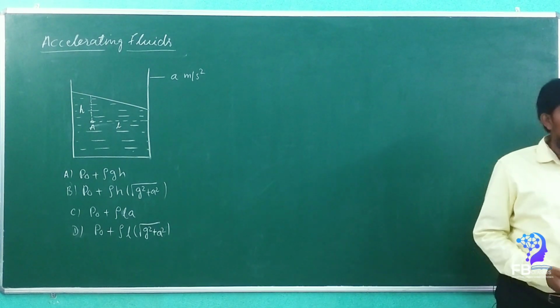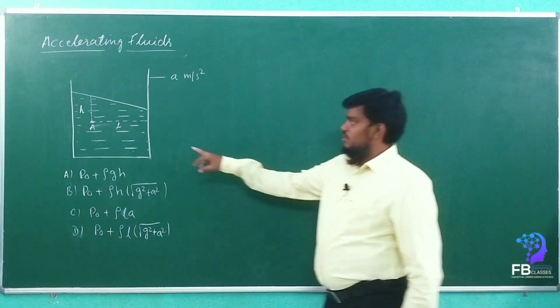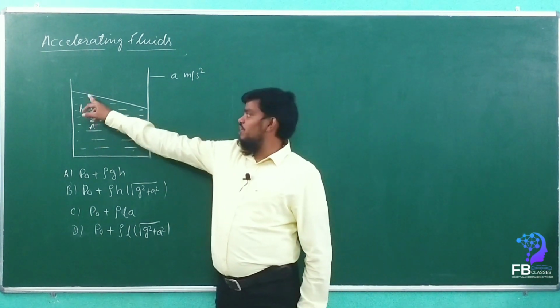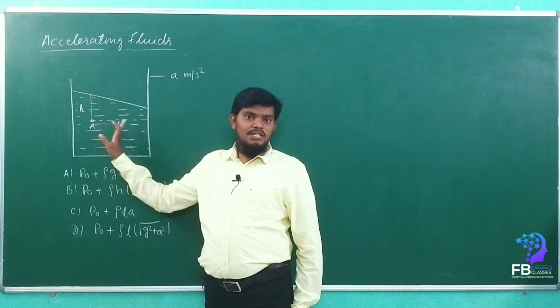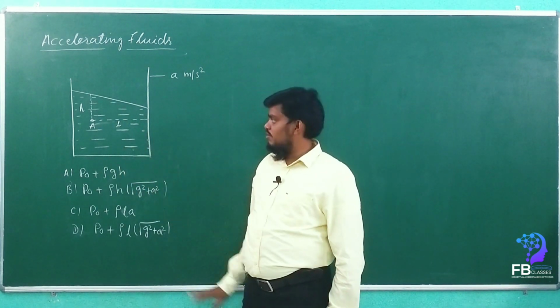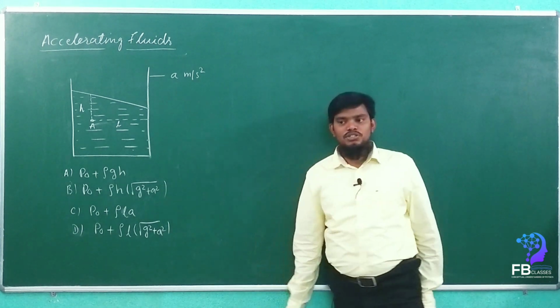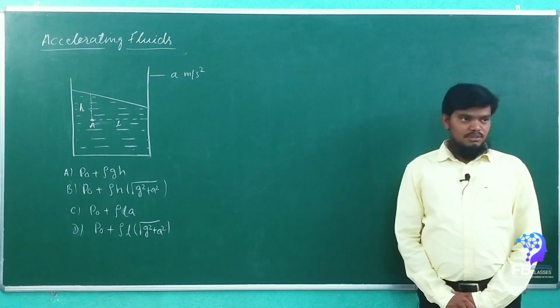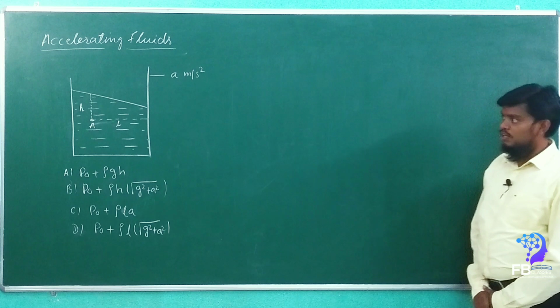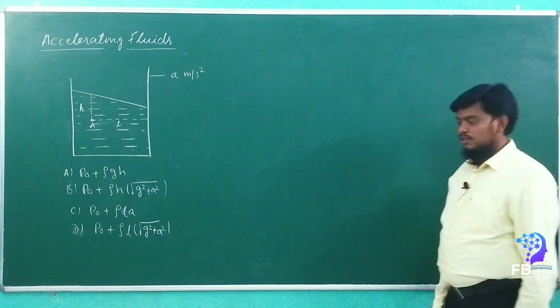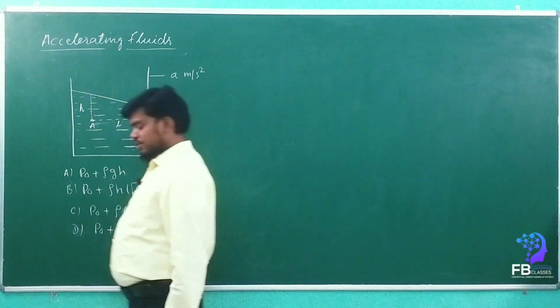Just see, this point is at height h and horizontally it is at length L. Can you please solve the problem and say the pressure at this point A? Do it fast. Solve it.